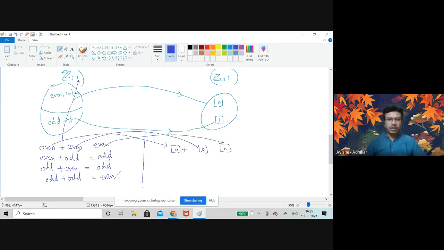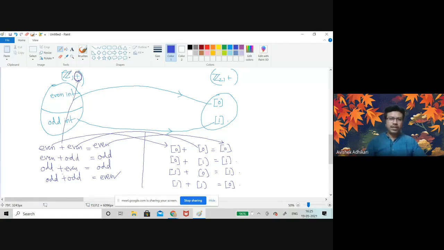Similarly, even means 0 plus odd means 1 gives me odd. Similarly, odd plus even gives me odd, and odd plus odd gives me even. See, all this is with respect to this plus. So here we are talking about the similarities of algebraic structure with respect to this operation.